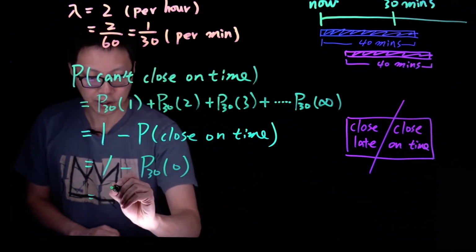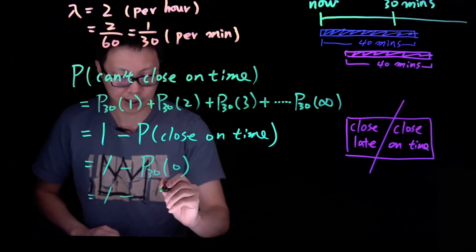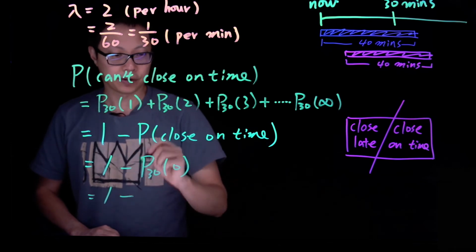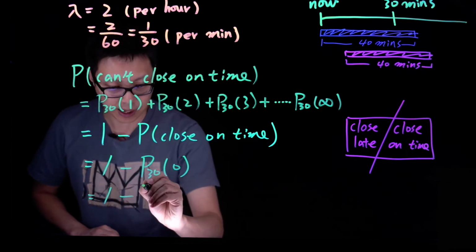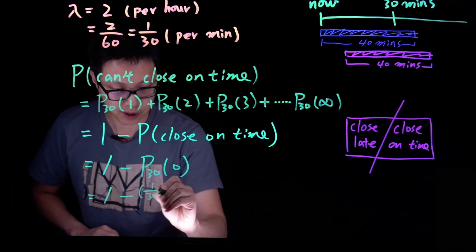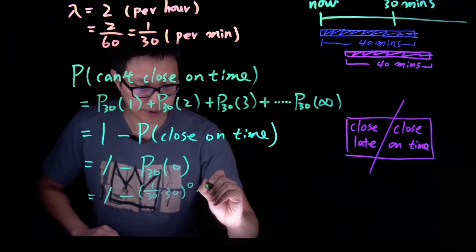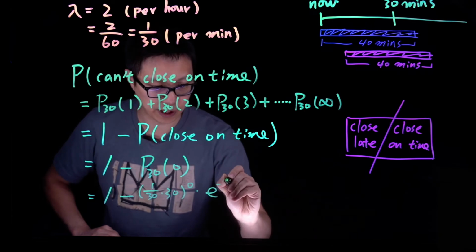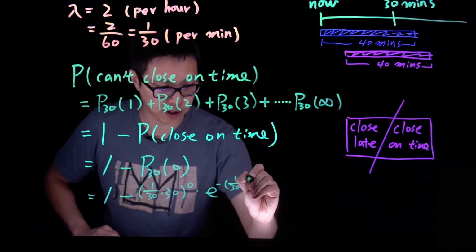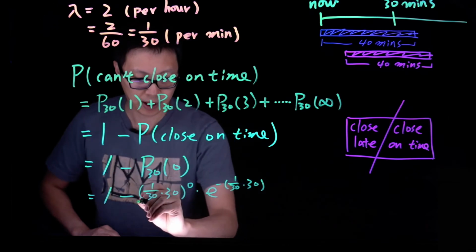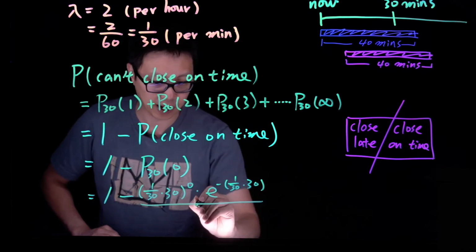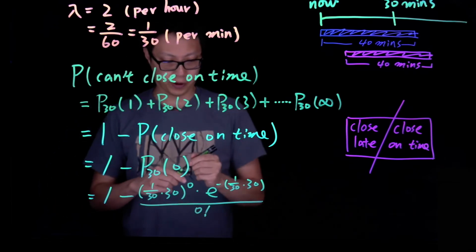I have 1 here, subtract by P30. That means I have 1/30 times T power of 0 times exponential negative 1/30 times 30. Everything divided by 0 factorial.